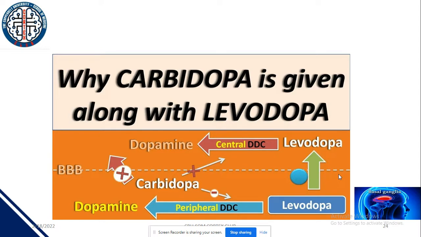Now, once it gets entry into the blood-brain barrier, we find that levodopa is converted to dopamine inside the central nervous system.